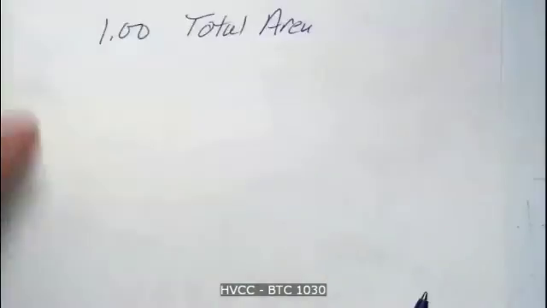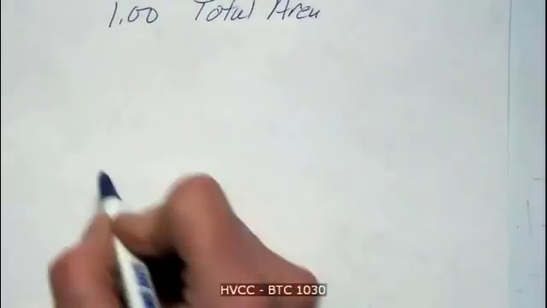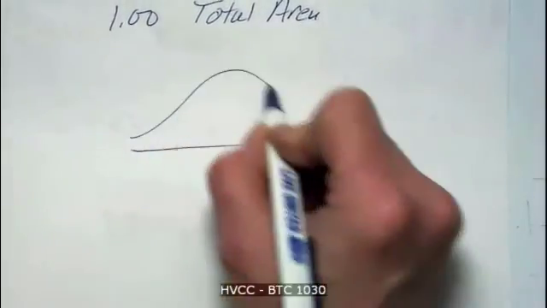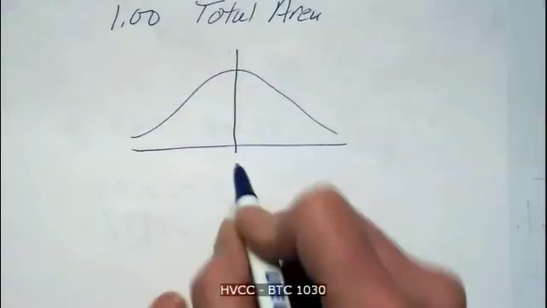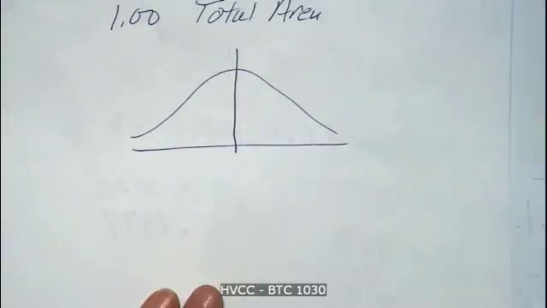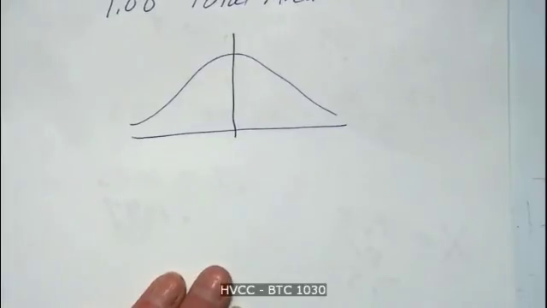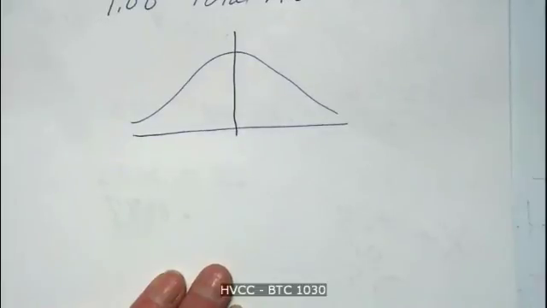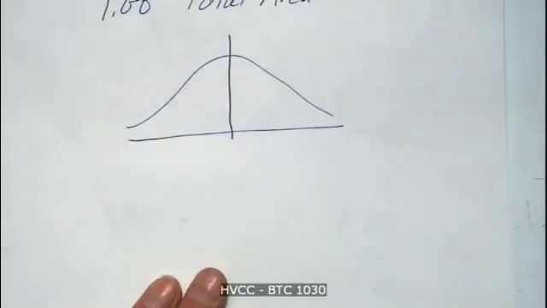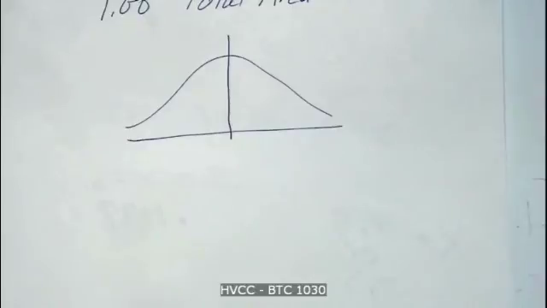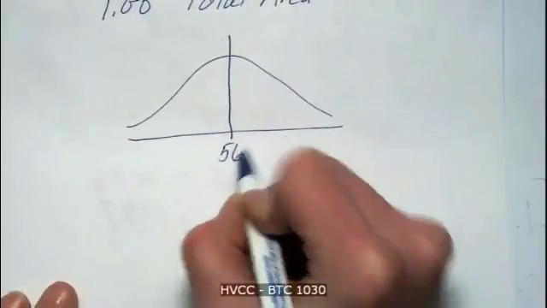I'll quickly show you, and end this presentation, when we would add. If I gave you a problem, let's go back to my pizza problem. My pizza example, so my mean was 56.